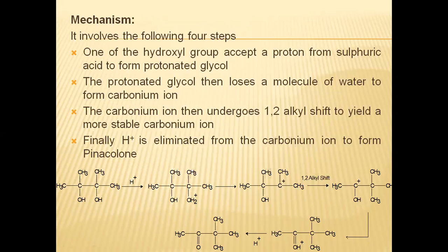Here the tertiary is already more stable, but the shift takes place to acquire more stability, yielding the more stable carbonium ion. Tertiary is more stable, yet why does it shift? Because here the stability is even higher. Here it is more stable than tertiary, because the carbon is attached to the heteroatom.